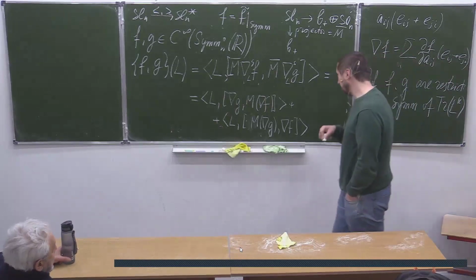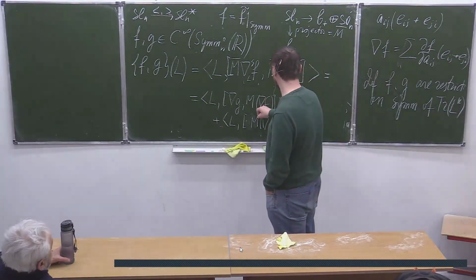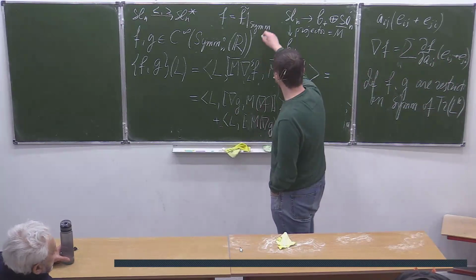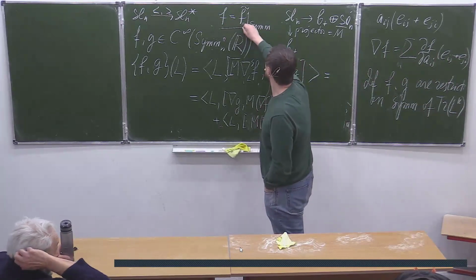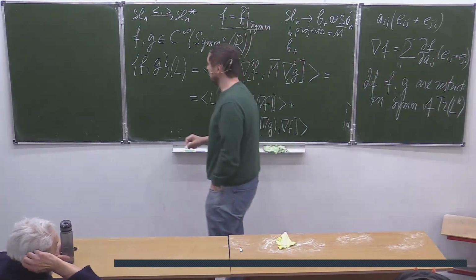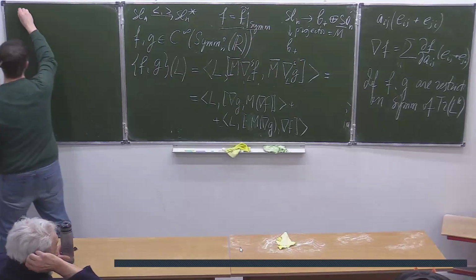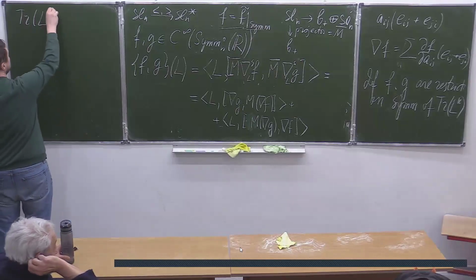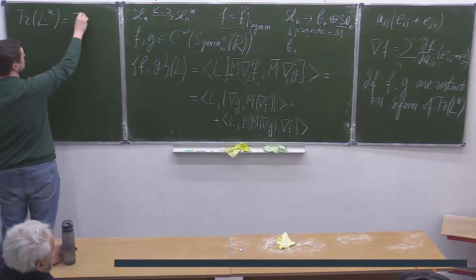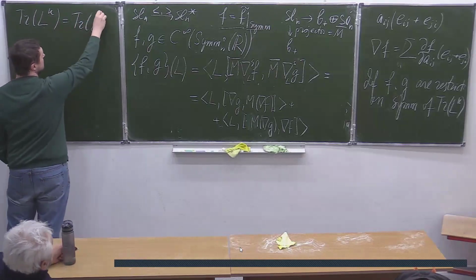Namely, if we look here, we'll see that, in fact, these functions verify the condition that trace of Lk is equal to trace of L transposed K, right?